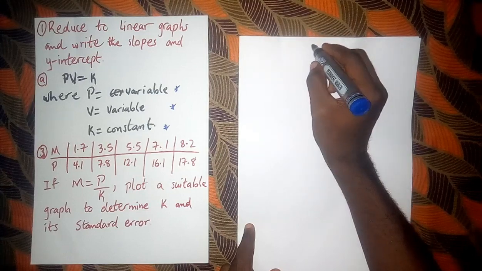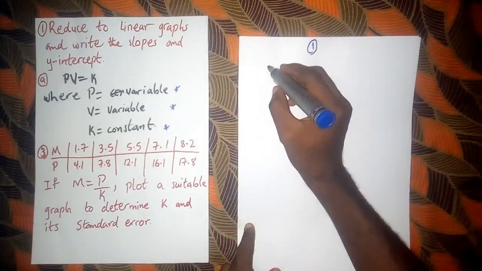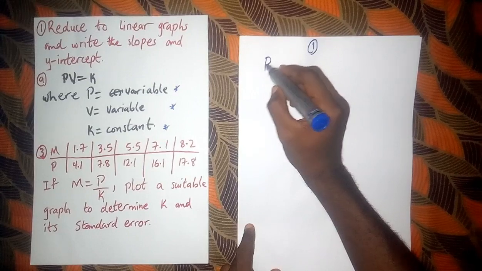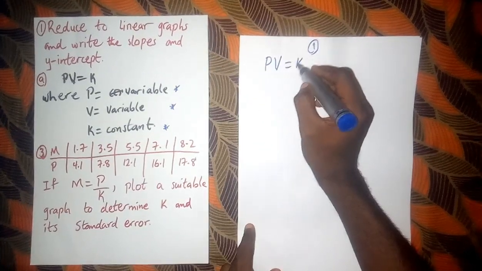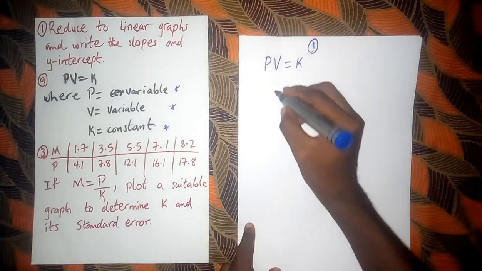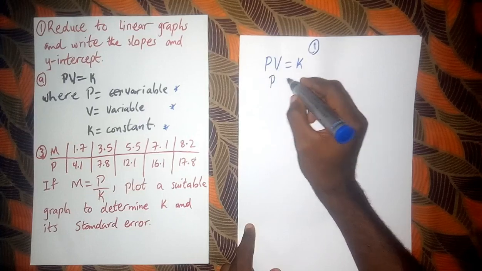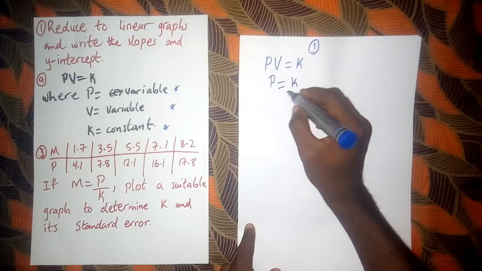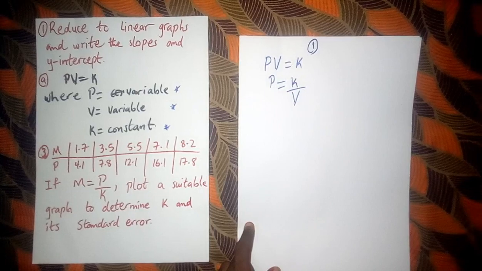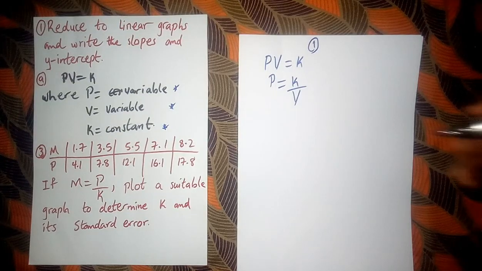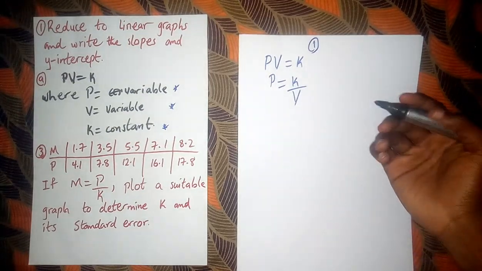Okay, so now reducing it, we get PV equals K. So now converting it to a linear equation, I'm going to get P equal to K over V. So P equal to K over V is our linear equation.